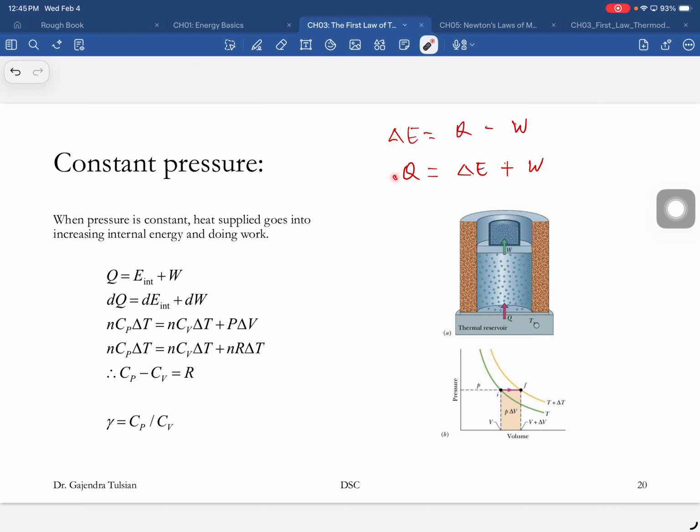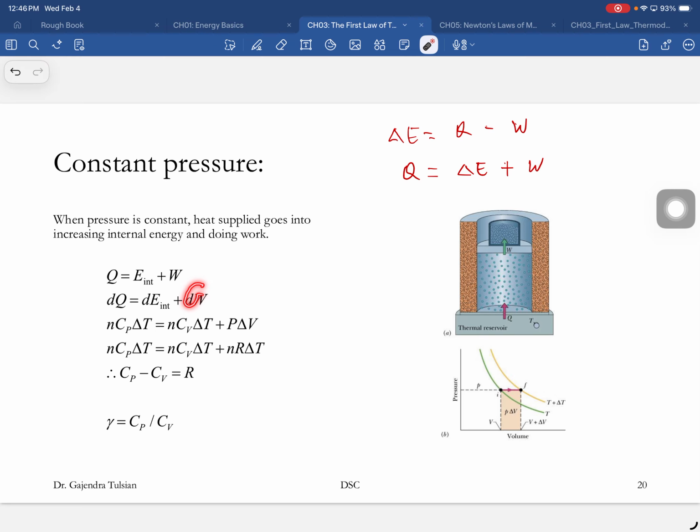Okay, so dQ, if you add an infinitesimal amount of heat, is equal to the infinitesimal increase in internal energy plus the work done. Okay, now we're going to add heat at constant pressure. So that's the number of moles of gas you have times Cp times delta T, the rise in temperature. Okay, the internal energy rise is just from the molecules speeding up, and that's accounted for by the specific heat at constant volume. So this is equal to that.